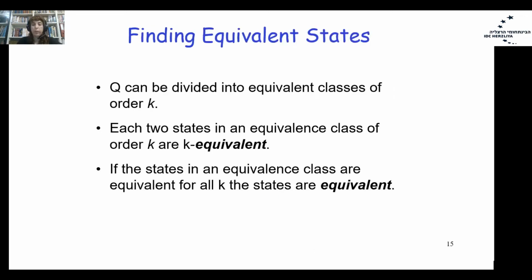Finding equivalent states in general. Given Q, the set of all states of the automaton, the set of all states can be divided into equivalence classes of order k. Each two states in the same equivalence class of order k are k equivalent. If the states are in an equivalence class for all k, then those states are equivalent in general.